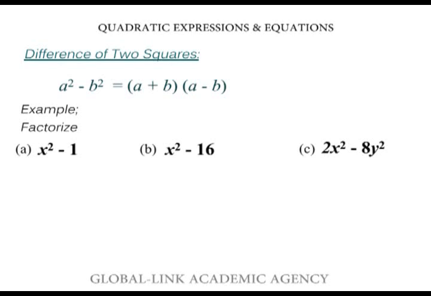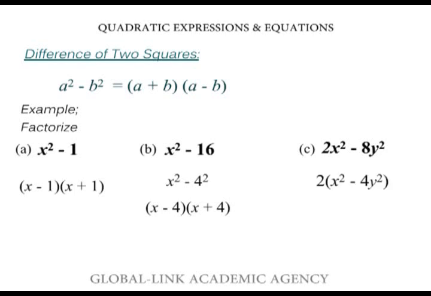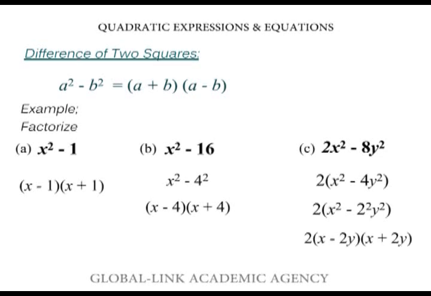In our solution, a) x squared minus 1 is equal to (x minus 1)(x plus 1). b) x squared minus 16 is equal to x squared minus 4 squared, which is (x minus 4) times (x plus 4). c) 2x squared minus 8y squared is equal to 2 into (x squared minus 4y squared), which is 2 into (x squared minus 2 squared y squared), giving us 2 into (x minus 2y) times (x plus 2y).